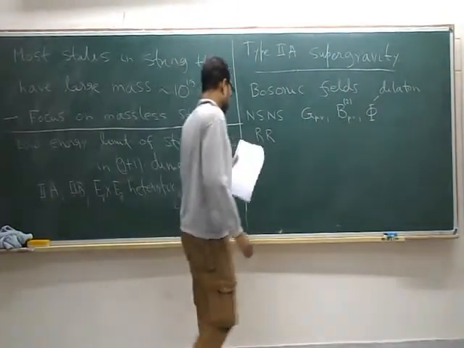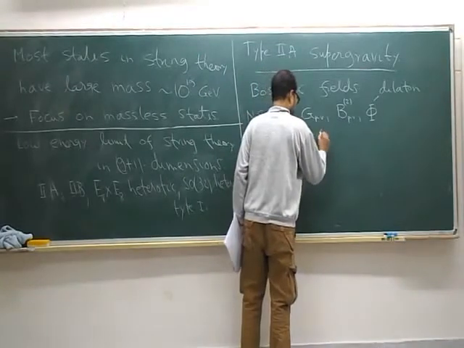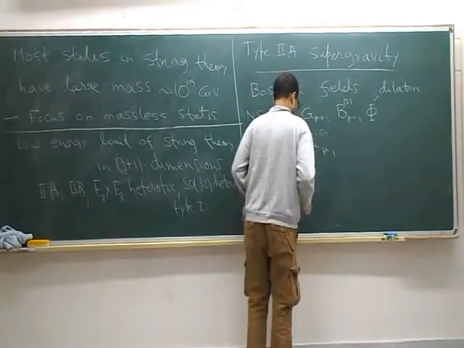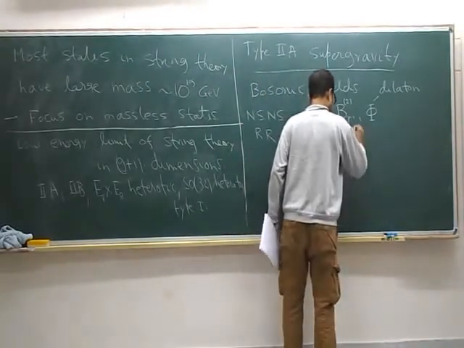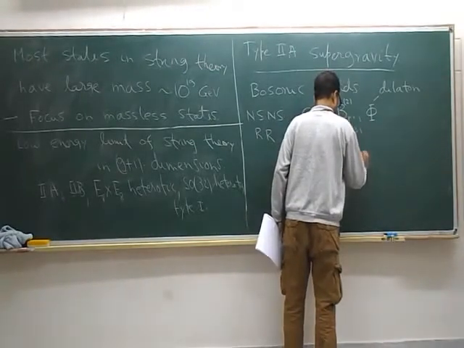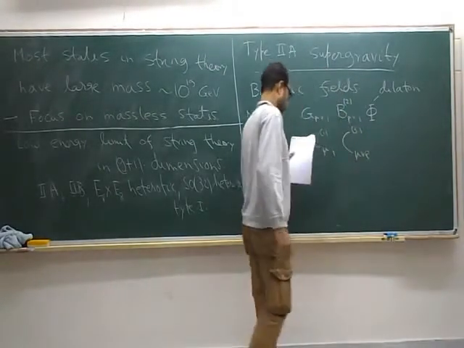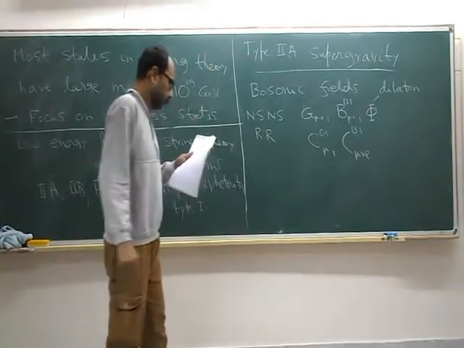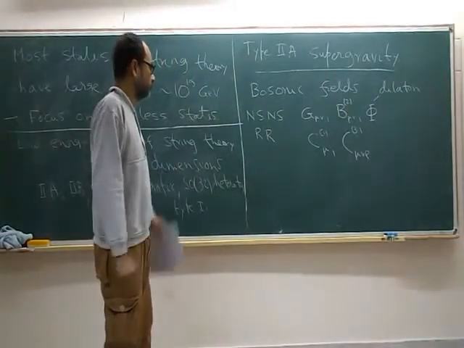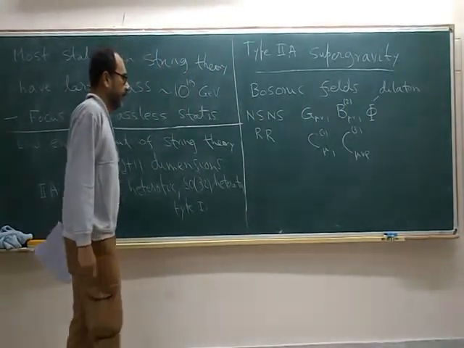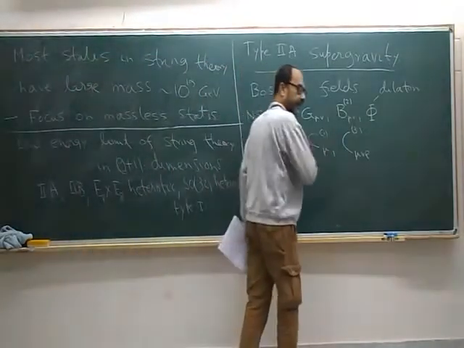The Ramond fields include a vector and a three-form, rank 3 antisymmetric tensor field C3 mu nu rho. And we will write down the action involving these fields.